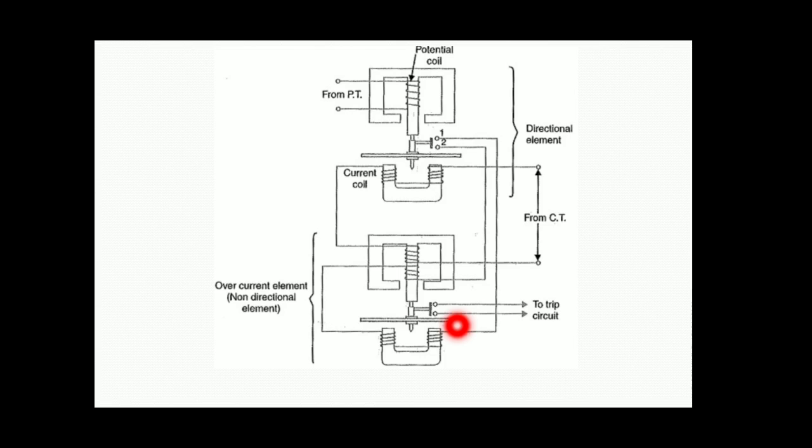That's why induction type directional overcurrent power relays are used. We are checking the direction of the input and also the overcurrents. Both will be checked by this relay and then the relay will be operated. Then the generators and motors stay within a safe zone.